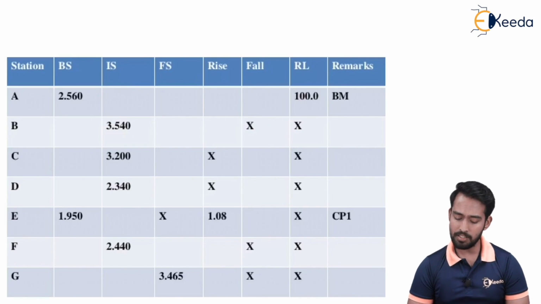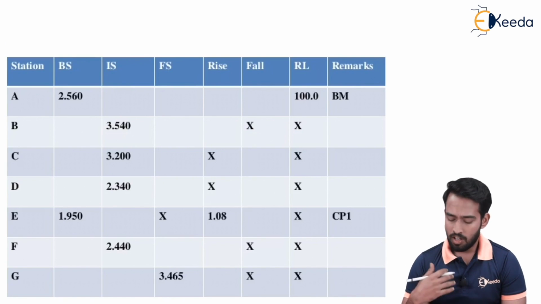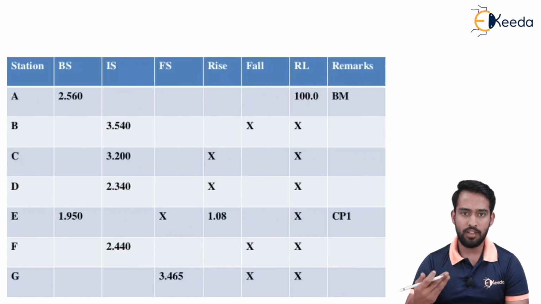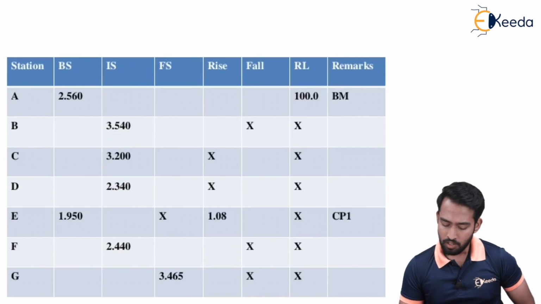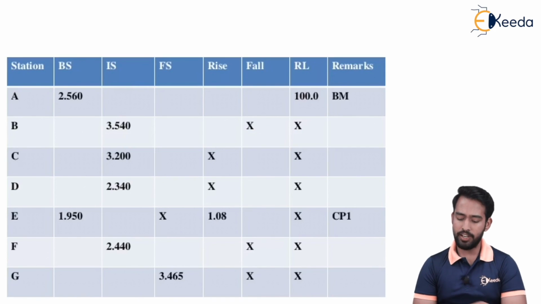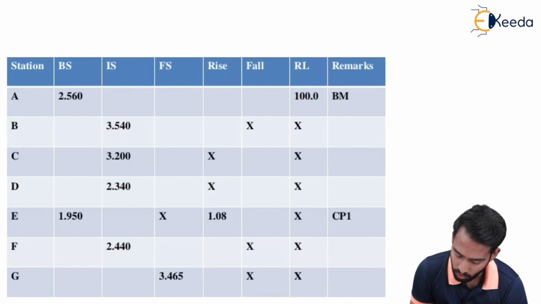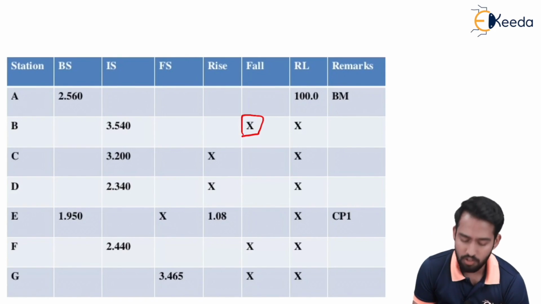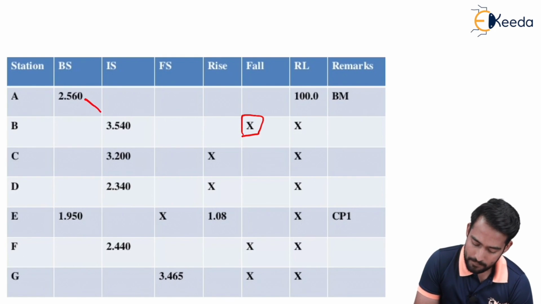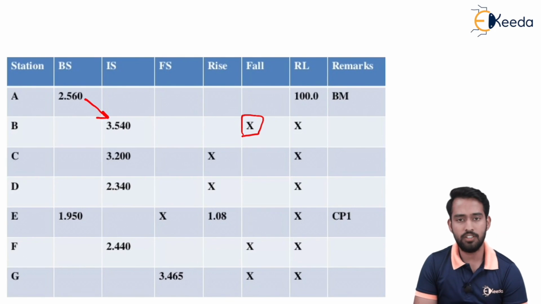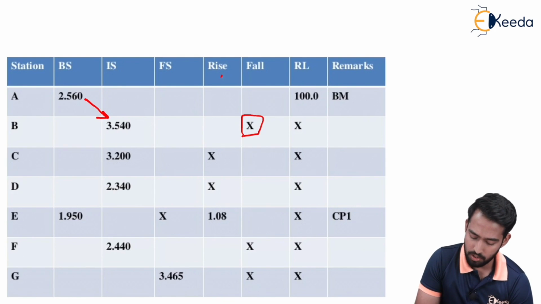So in the rise and fall method, as we know, RL is equal to previous RL plus or minus rise or fall. So very first, we have to calculate the fall, this X. How will you calculate? So we know BS minus IS, or first minus second reading. If the answer is positive, it is rise.